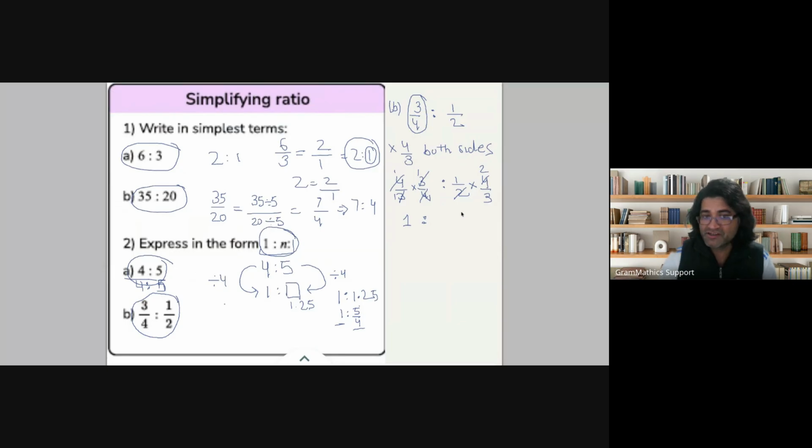If you don't know that, I'll teach you that as well. So you cancel out 4 and 2 with the common factor 2, and now you're left with just 2 over 3. So the ratio in terms of units is 1:2 by 3. Understand? Shall we move on?